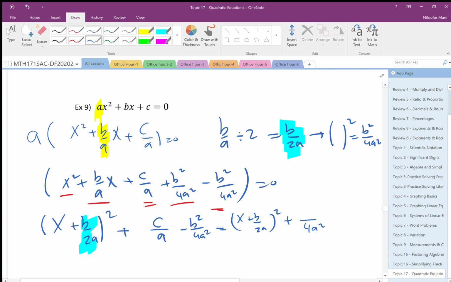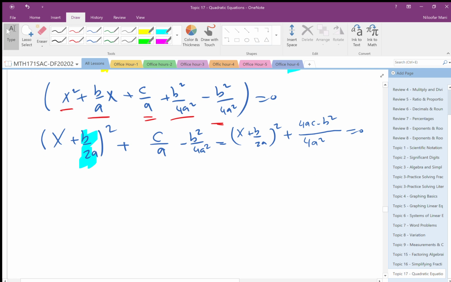So for this one I use 4ac minus b squared, equals 0. So then I have x plus b over 2a squared equal, I take it to the other side, and I change the sign. So it's this.